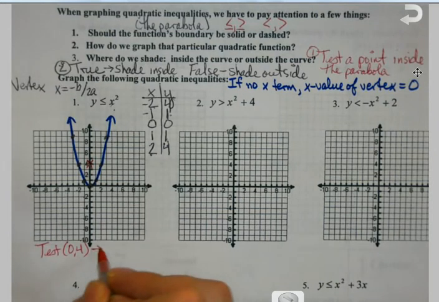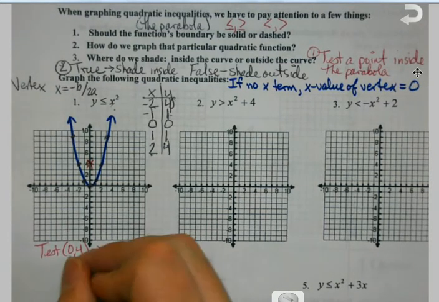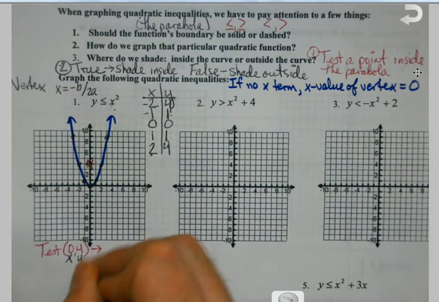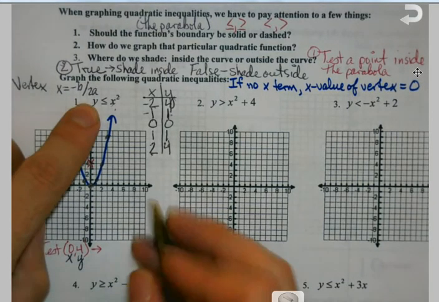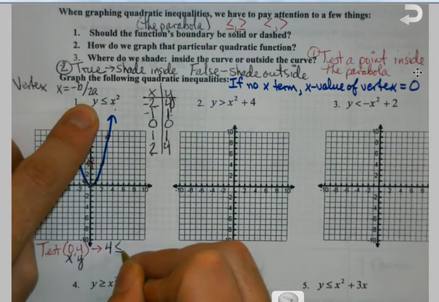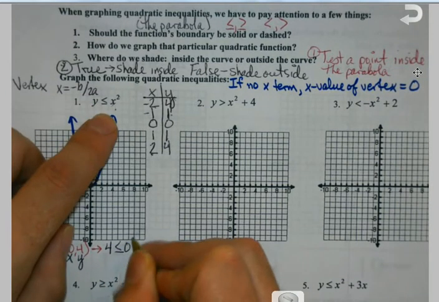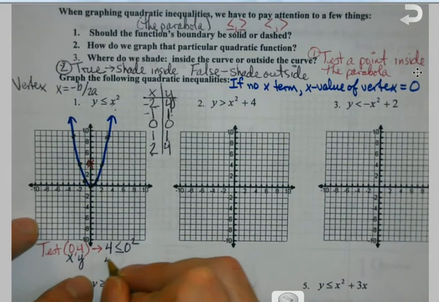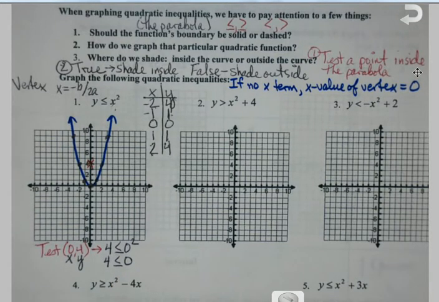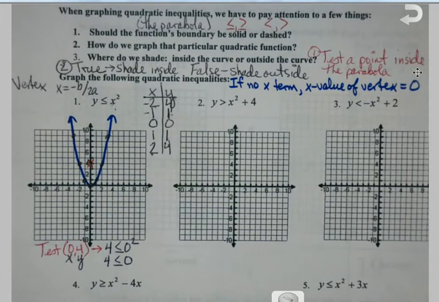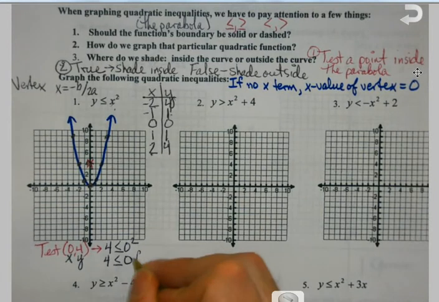So, okay, what does that mean? That means I'm going to plug in 0 for x and 4 for y and see if the statement is true. So if y is 4 and x is 0, is 4 less than or equal to 0? No. That is false.